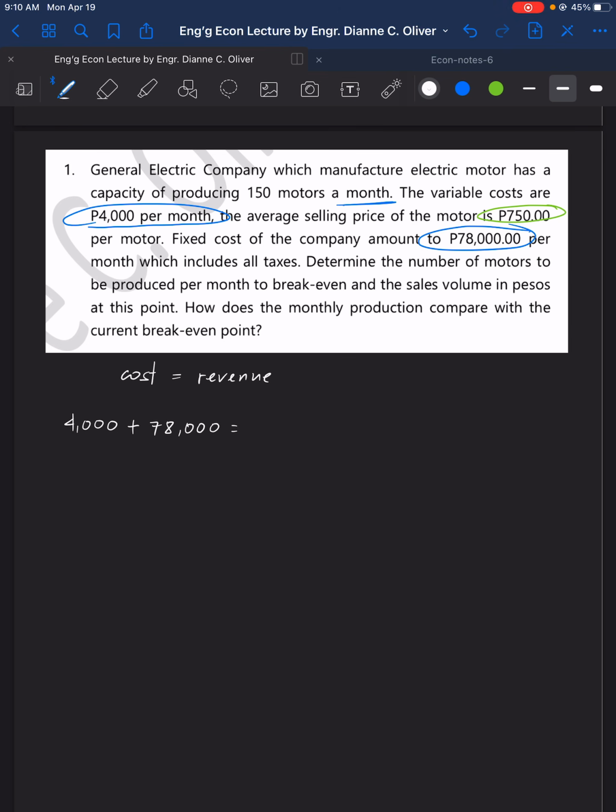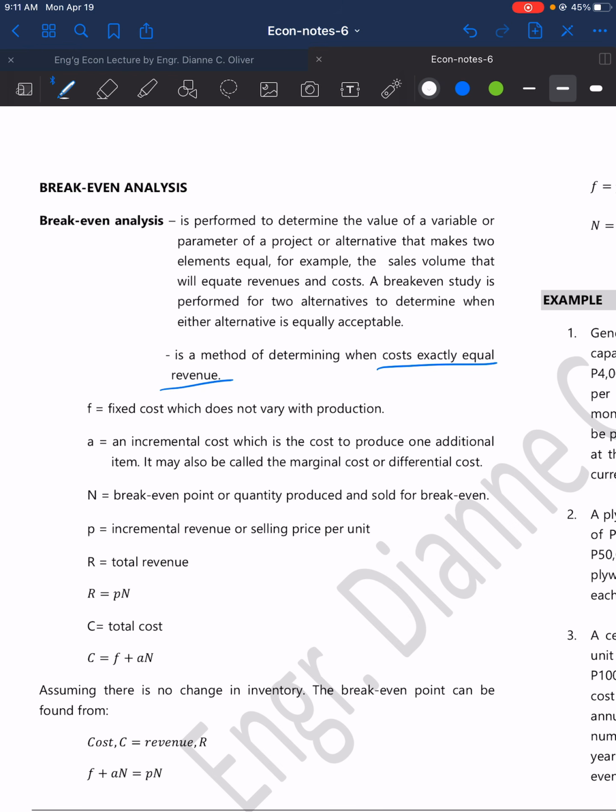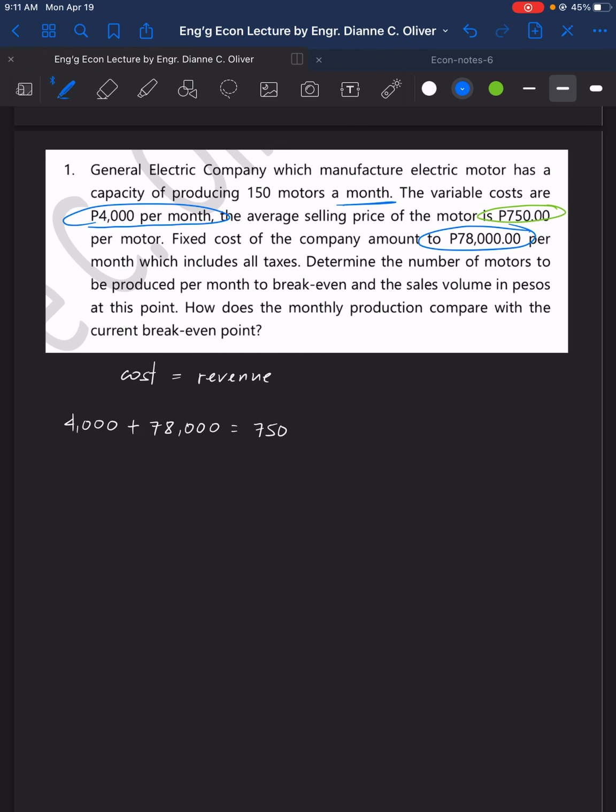Then the revenue is 750 pesos per motor. Then let's use the N value to represent the quantity produced. So we will put here N because we're looking for the quantity wherein the cost equals the revenue.